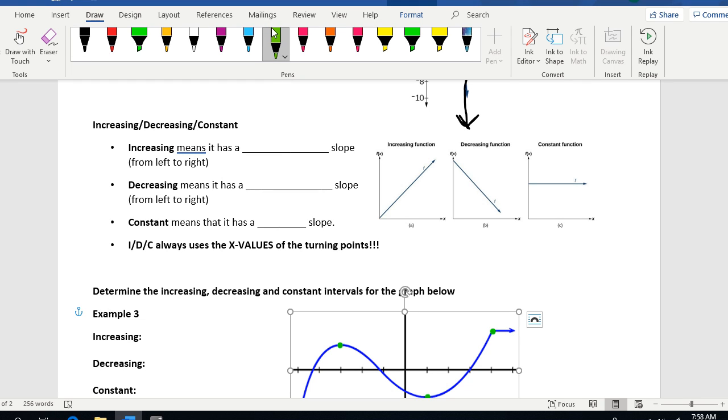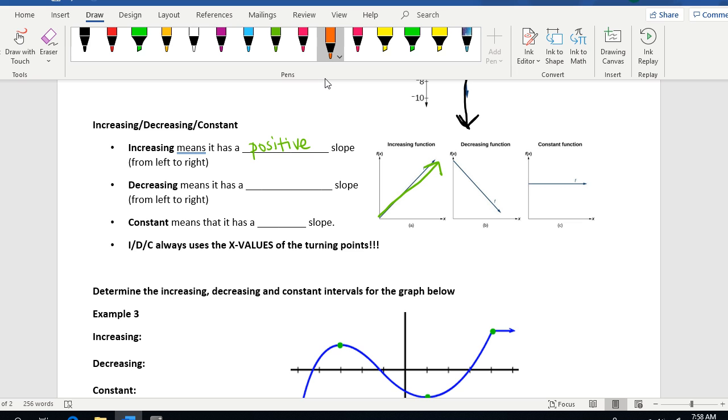All right, so now let's look at the other characteristic, and that is looking at when a function is increasing or decreasing. What we have to remember is that we're going to be reading graphs from left to right. So from left to right, if my function's increasing, that means I'm going to have a positive slope. So it goes up from left to right.